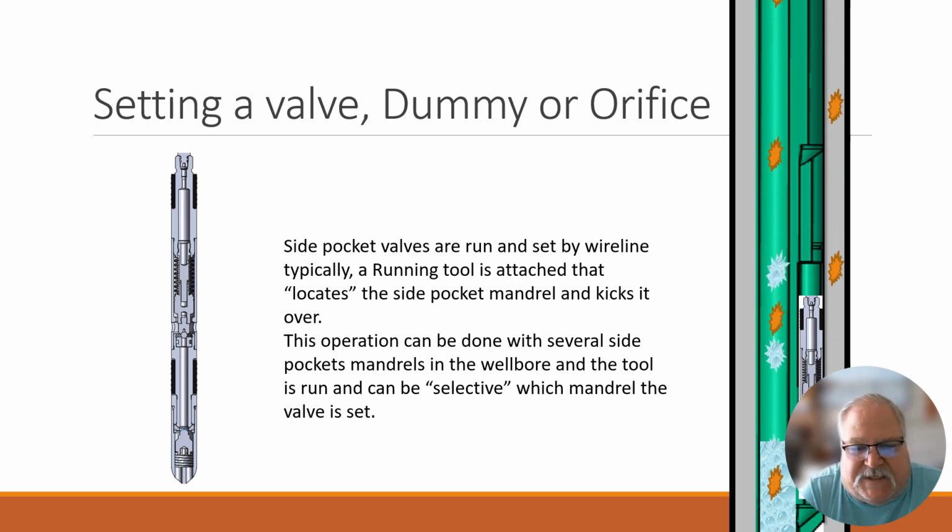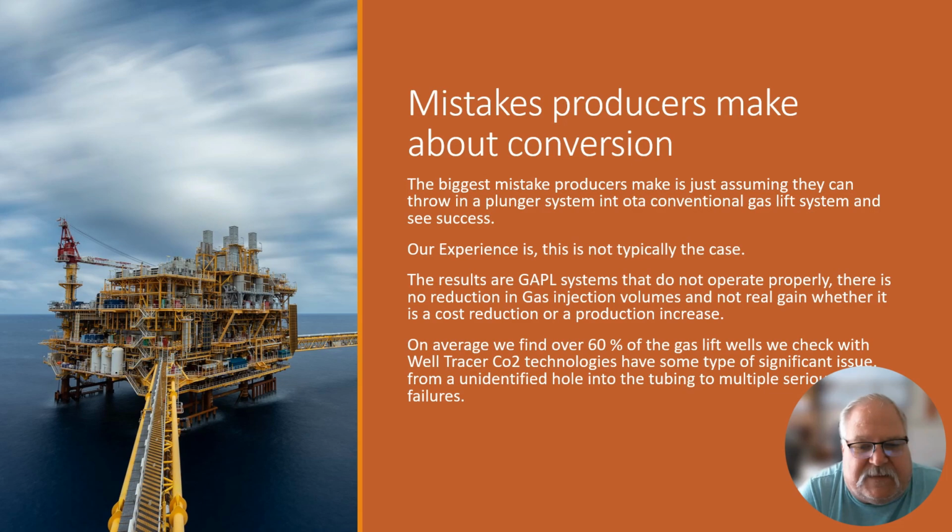But here you can see, in that prior video, that gas is being injected, going through the orifice or through the valve and into the tubing, lifting liquid. So it's important that you have the right setting when you're running that.